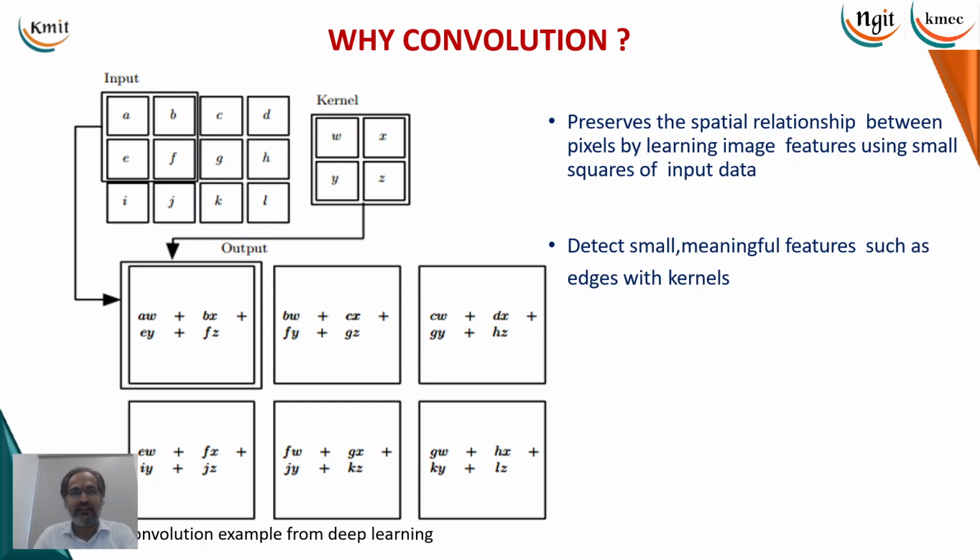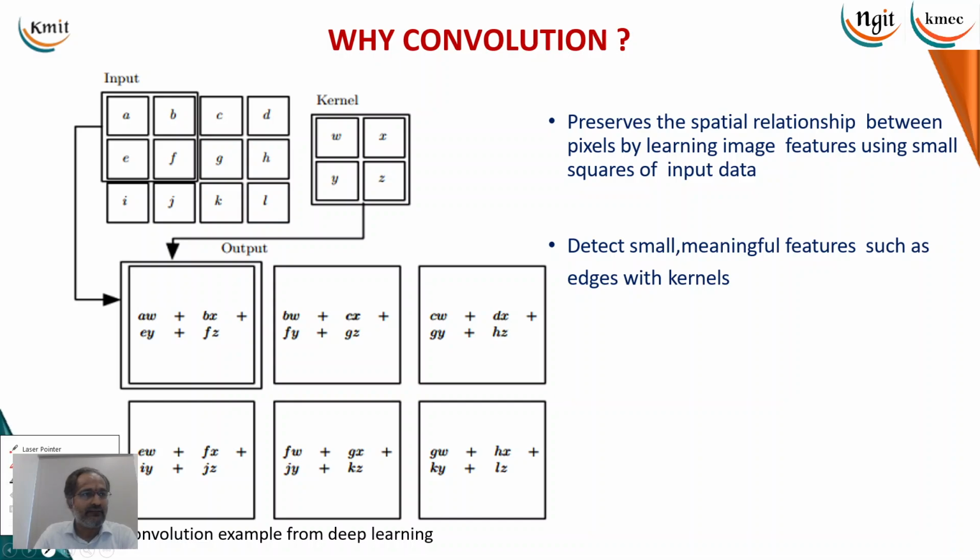Now I am giving you a small example with a simple image. This is the input image. The input image is 3 by 4, and I am taking a kernel, which is the weights only. So 4 weights. I want to apply this kernel over the image. As the first step, I place this kernel at the top left corner of the image.